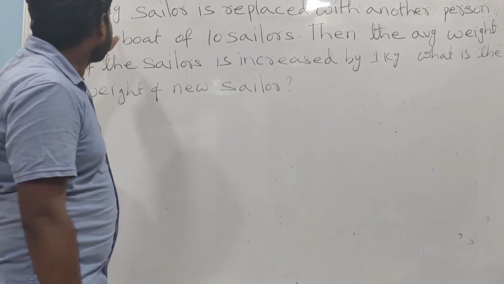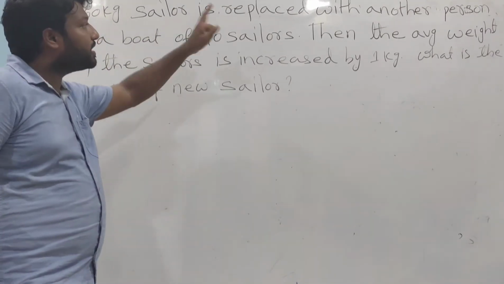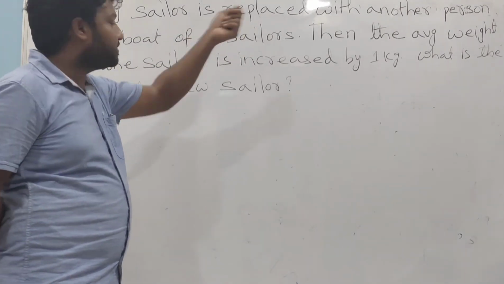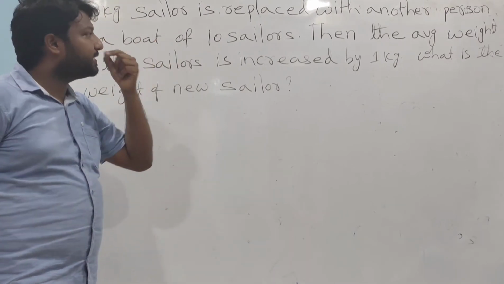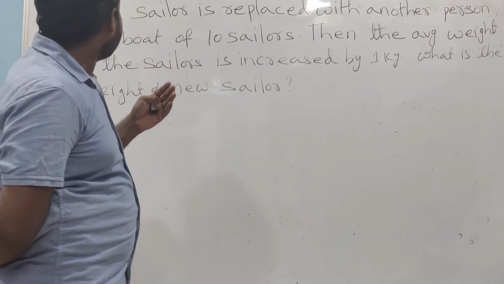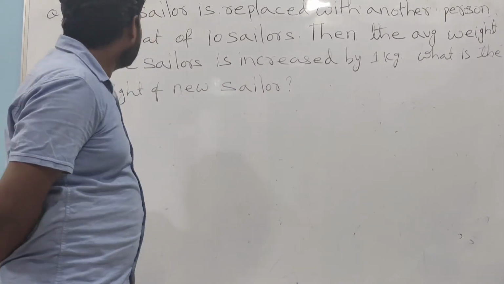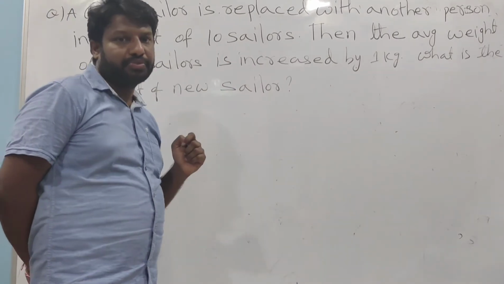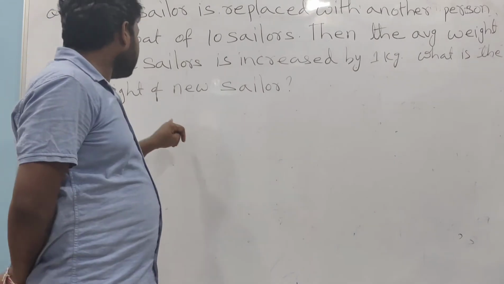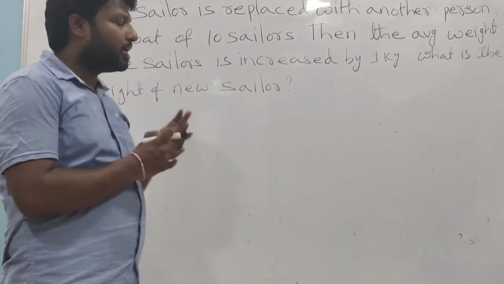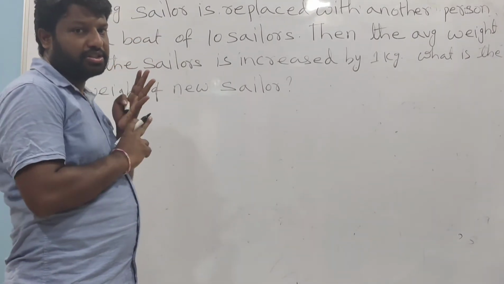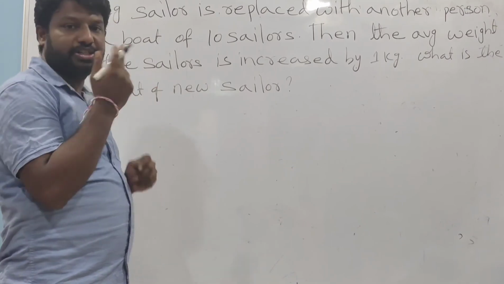So the next question is: a 60 kg sailor is replaced with another person in a boat of 10 sailors. Then the average weight of the sailors is increased by 1 kg. What is the weight of the new sailor? Okay. Now I told you in the previous video, I told you only two formulas in the average. One is new innings is equal to old average plus or minus change into total innings.